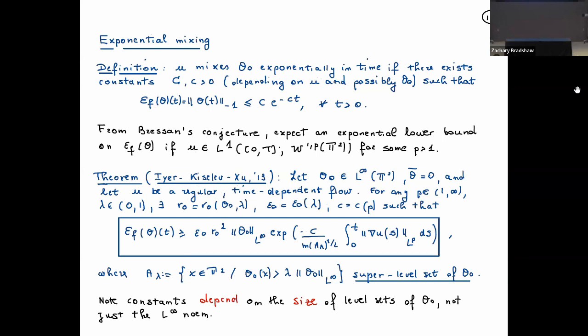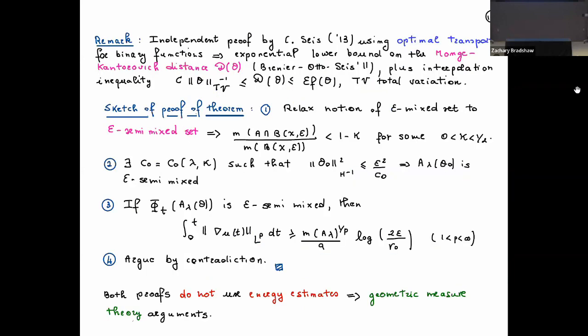Let me make a couple of remarks. First of all, there is an independent proof of a similar bound by Christian, but using a different technique, using optimal transport.